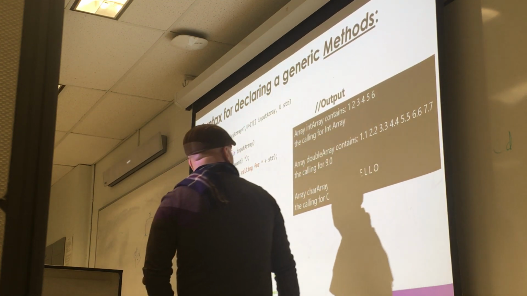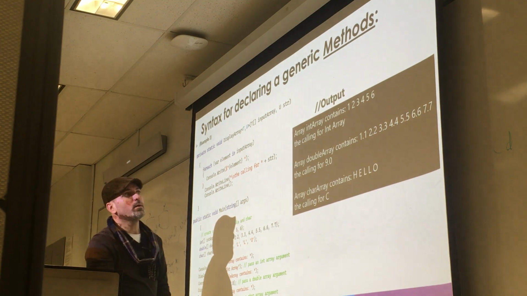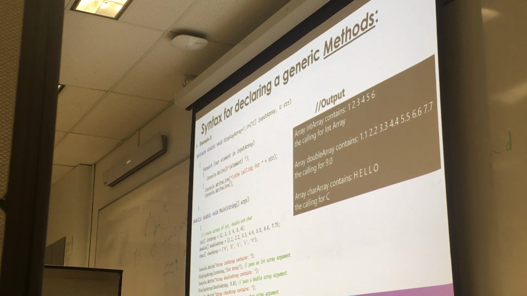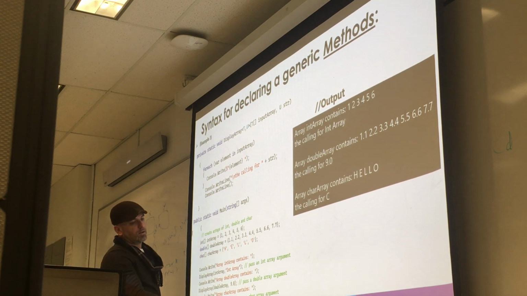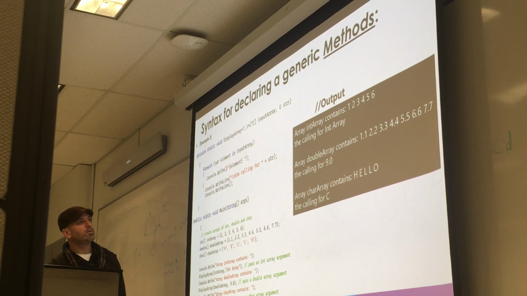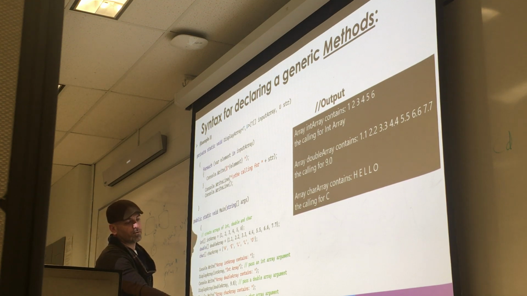The double array contains those values, and the calling for 9.0. The character array contains the characters hello, and the last, the calling for C.